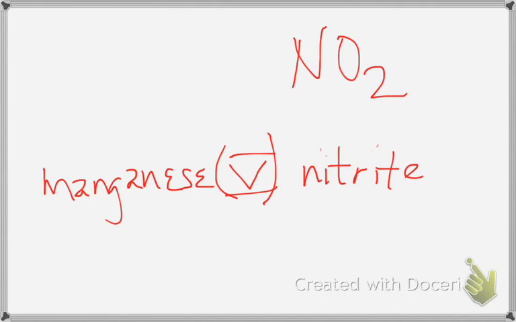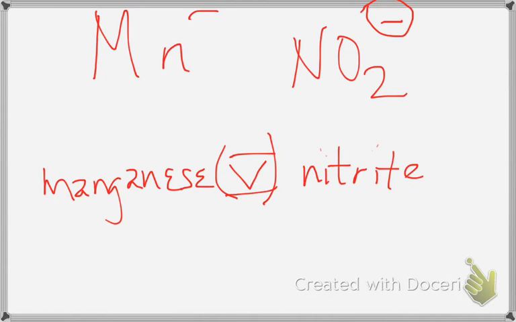And then what's the charge on nitrite? It's -1. The manganese is not one that you'd have to memorize. I'd either give it to you or you'd look it up on the periodic table, and its symbol is Mn. And then, what's the charge on this manganese?